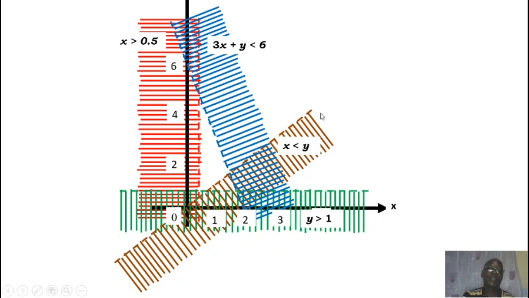Do you understand? Having seen it, we shall try to check if it is possible to pick a point where we can locate the x and the y coordinates and choose the coordinates to check all the inequalities to know if it will give us true results.